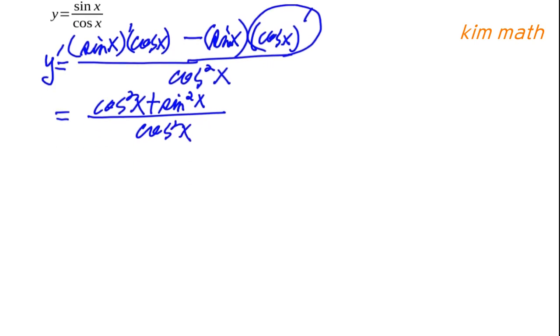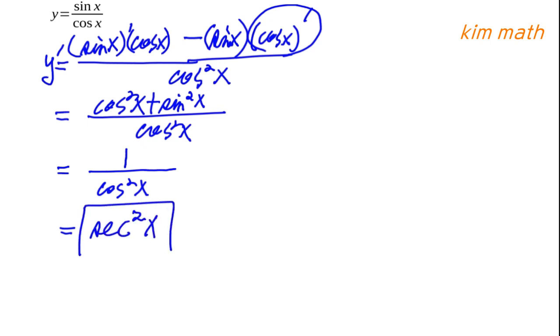Good. And I hope you remember the Pythagorean identity. So the numerator sine squared of x plus cosine squared of x is 1, over cosine squared of x, or you can use the reciprocal function, secant squared of x. Okay.